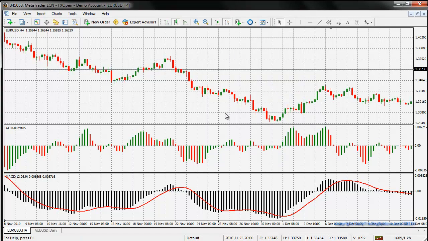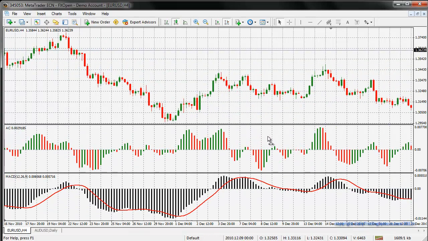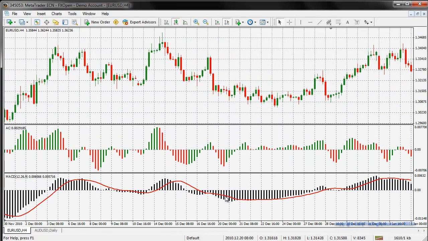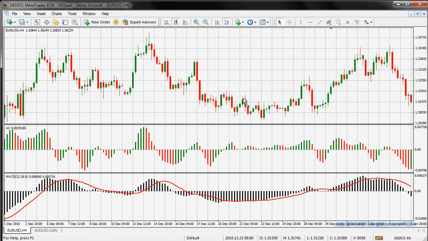Alright, so by now we should be getting pretty used to the Accelerator oscillator. We're going to use the Accelerator oscillator on the 4-hour time frame in conjunction with the MACD indicator. We're going to try and find some buy and sell signals. Okay, and we're going to really apply the same rule as we have done before.